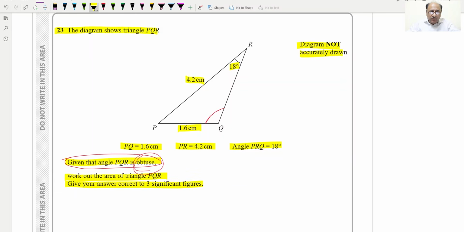So first of all, we need to find the angles, and how can we find them? We can use the sine rule. We have an angle and its opposite side, and we can use this side to find this angle.